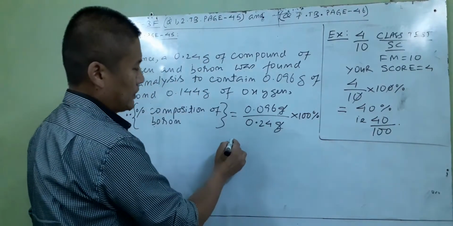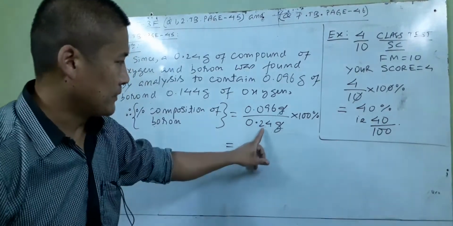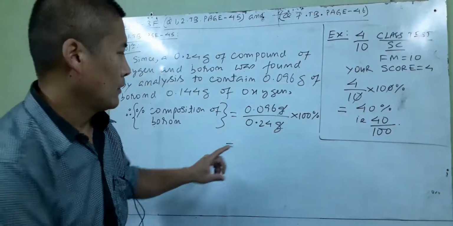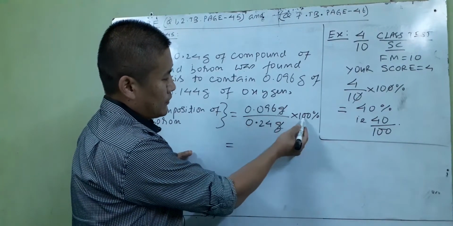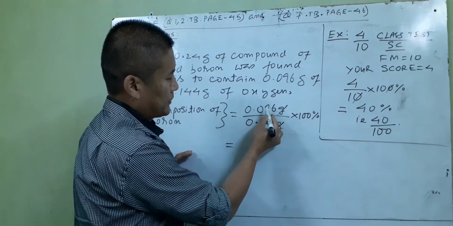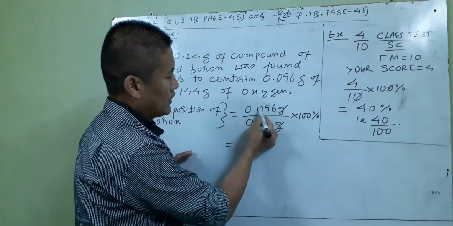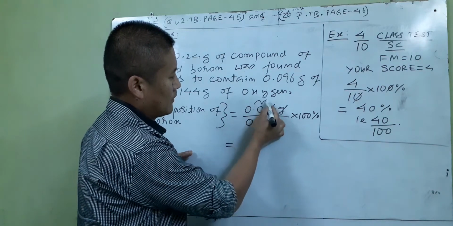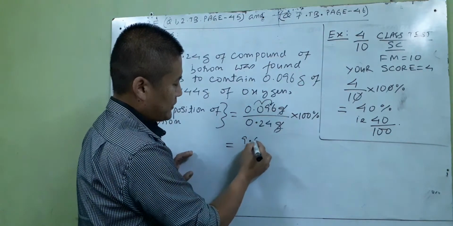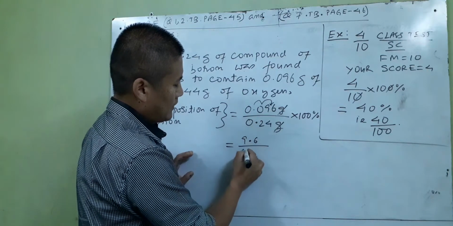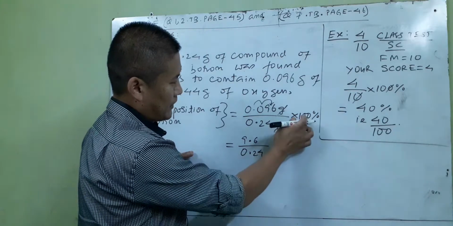Gram cancelled. Now you have here 2 decimal places in the denominator. But before that, this one 100 into this means the zeros will multiply and the decimal moves right, 1 and 2, so it will come between 9 and 6. So 9.6 divided by 0.24. 100 has been used up.